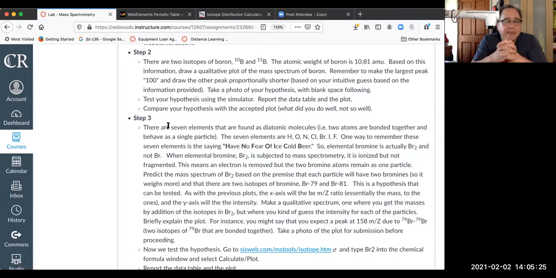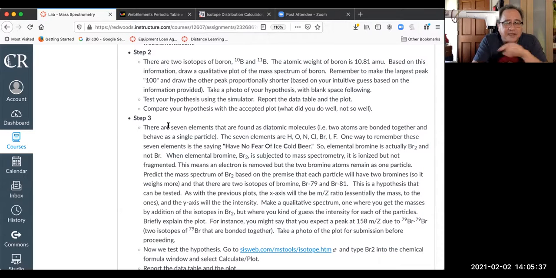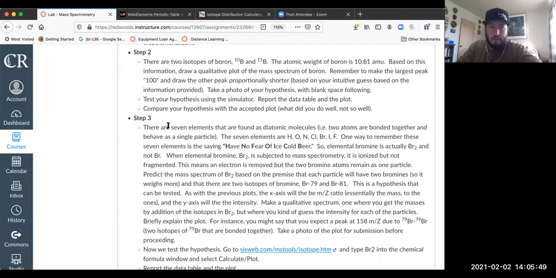So I want you to take a moment here and help me out with a few questions. How much does boron 10 weigh? 10 AMU. Because that number at the top is how many nucleons, and since each nucleon weighs 1, 10 times 1 is 10. How much does boron 11 weigh? 11 AMU. That's right.